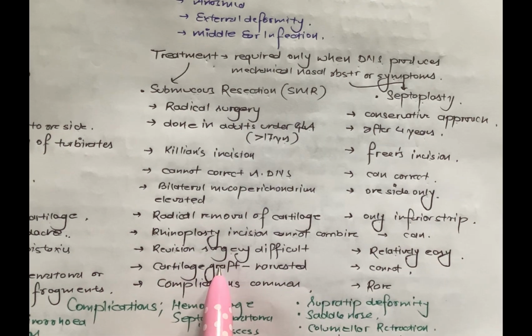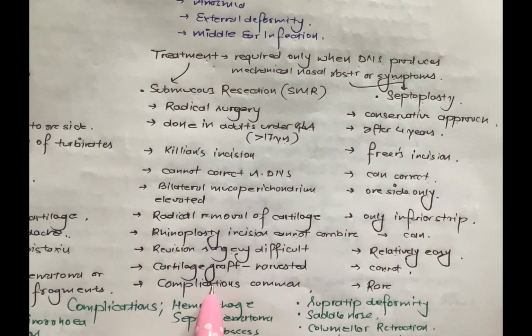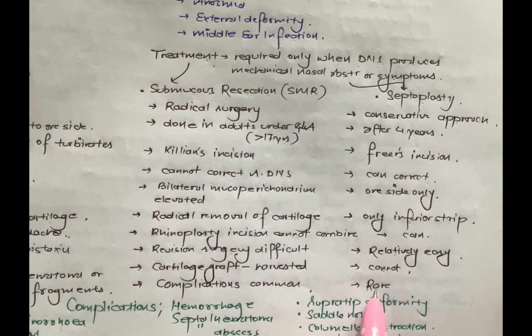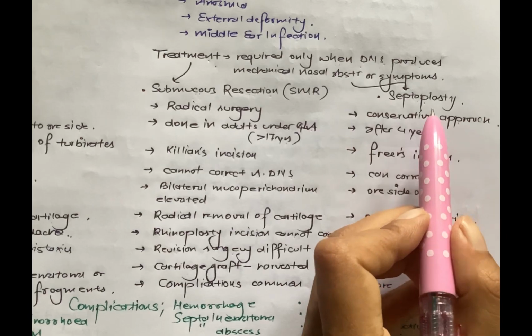In SMR, cartilage graft can be harvested, whereas in septoplasty it cannot be harvested. Complications are very common in SMR, whereas complications are very rare in septoplasty. So these are a few differences between SMR and septoplasty.